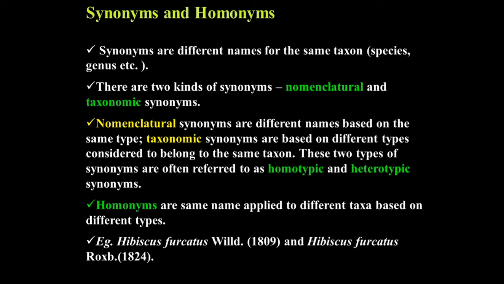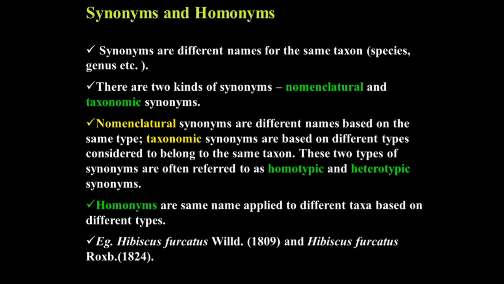In the case of a superfluous name, the same taxon has two or more names based on different types. In homonyms, the same name is applied to different taxa based on different types. In this case, the later published name is known as the later homonym, and the later homonym is invalid or illegitimate, that is incorrect, and a new name should be given for that taxon.